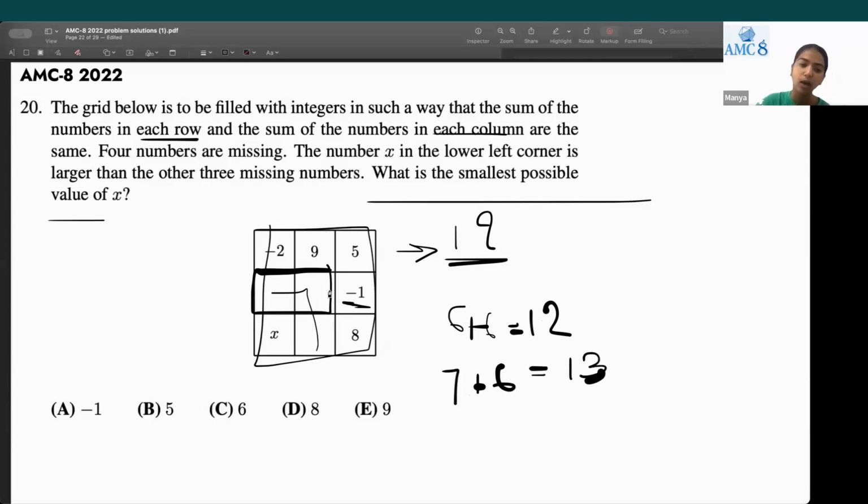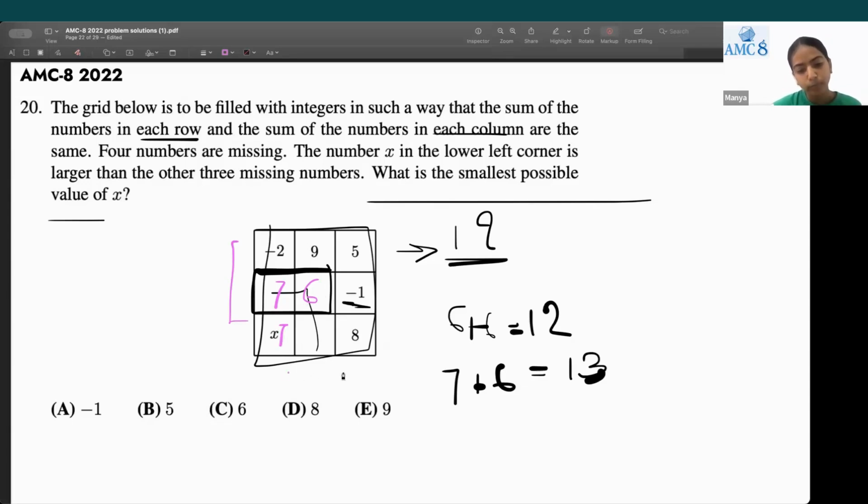So we could try this out right here. I'll be changing the color to pink. So this can be 7 and this can be 6. This can work because 7 plus 6 is 13, minus 1 is going to be equal to 12. But in this case, will this work? Negative 2 plus 7 will give us 5. 5 plus 7 gives us 12.